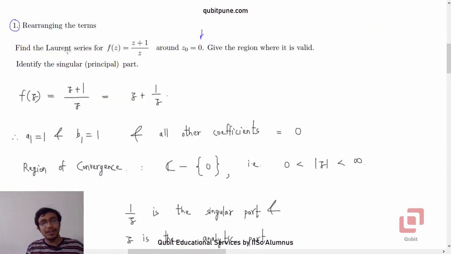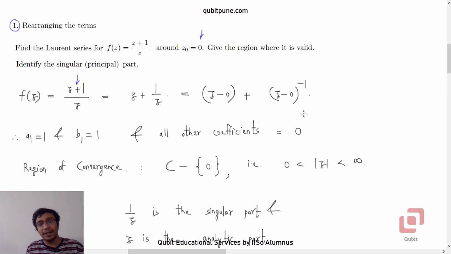Now by rearranging, if you split the numerator, you will directly get the terms z plus 1 upon z. Because we are expected to expand it around z equal to z naught, we may write this as z minus 0 plus z minus 0 to the power minus 1.